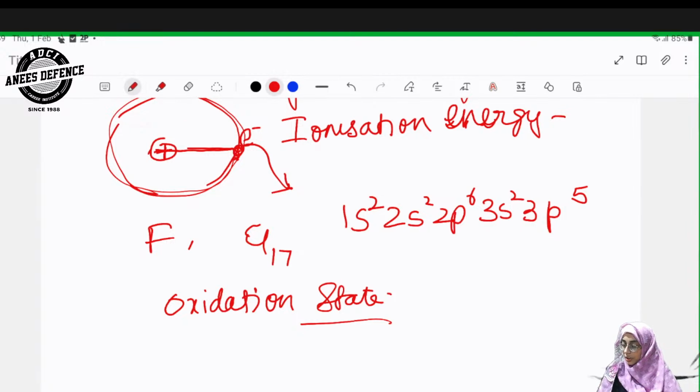High ionization energy means the tendency to lose electrons will be decreased. It will need very high energy to take out one electron. It's not an easy job to take an electron from the p-block elements.